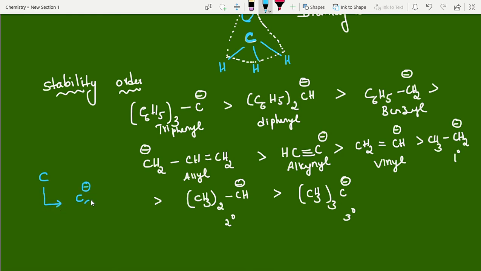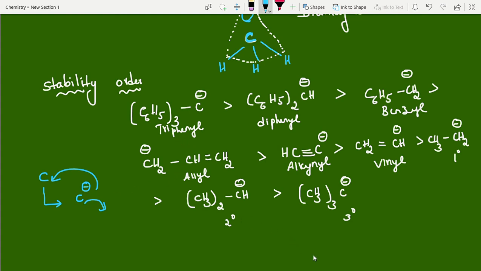No. It will give the electron to someone and get stabilized. Electron rich, more electrons is a problem, less electrons is also a problem. More electrons means it will give to someone and get stabilized. Less electrons means it will take from someone and get stabilized. Depends on the situation, depends on the reaction. It can act as either a carbonium ion or a carbanion.